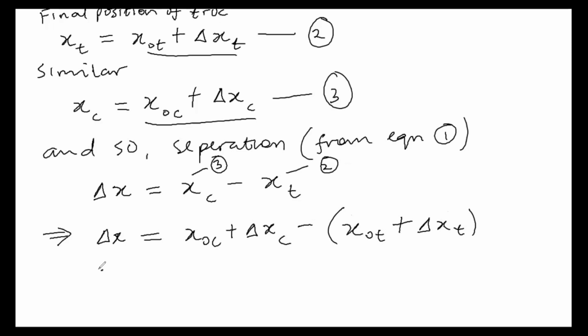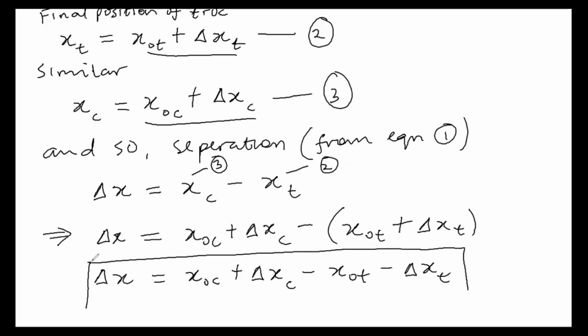And if you distribute this negative, then what you get is x naught c plus delta x c minus x naught t minus delta x t. Okay, so ladies and gentlemen, this is basically my symbolic answer.